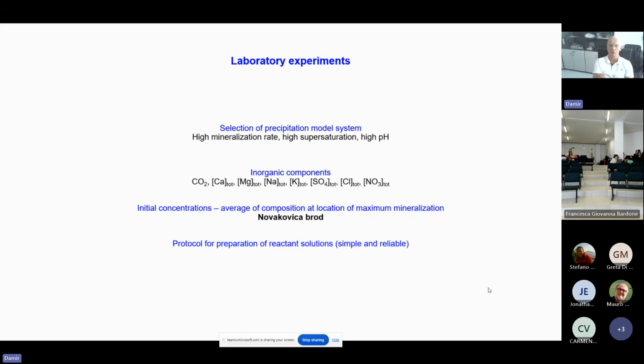The inorganic components that should be used are carbon dioxide, calcium, magnesium, sodium, potassium, sulfate, chloride, and nitrate. The initial concentration we selected as representative was the concentration at the place where the system is the most supersaturated, the position at the outflow to the Korana River.